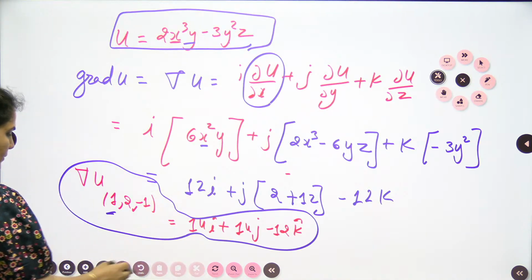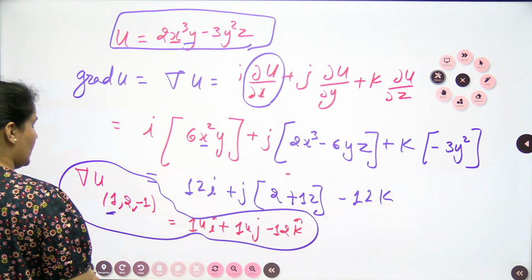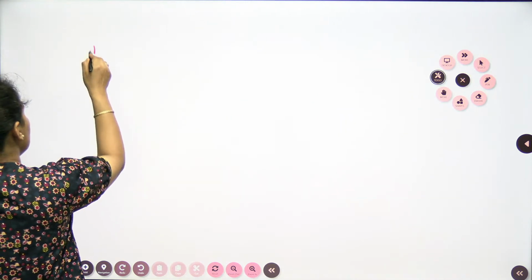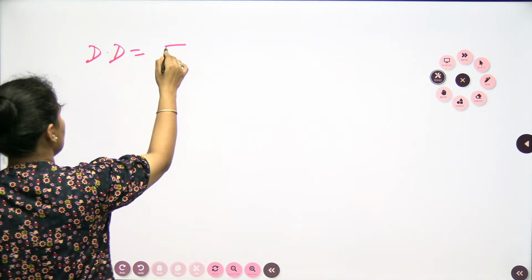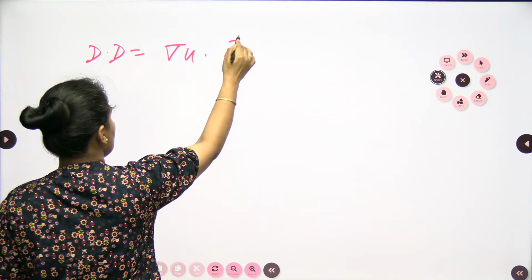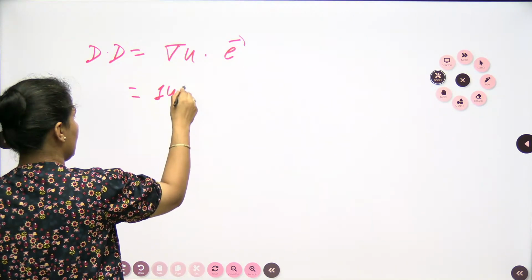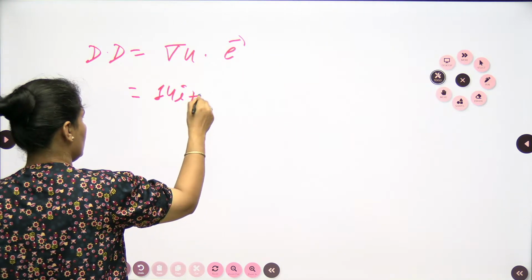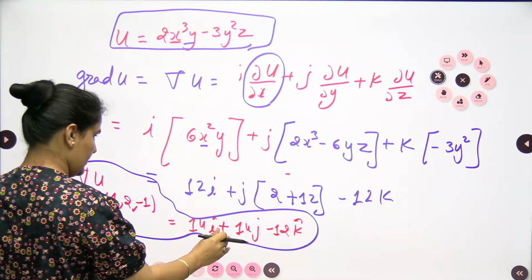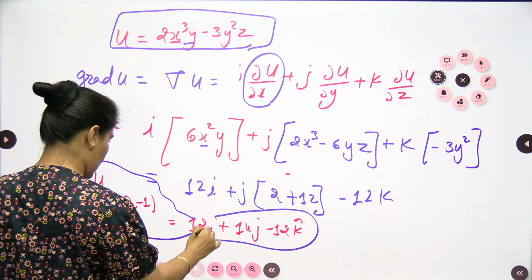So now let's approach here. Directional derivative you are having. So let's go for the directional derivative, which is the gradient of u dot e vector. So gradient of u is... no, this is not 14i cap, this is 12i cap.